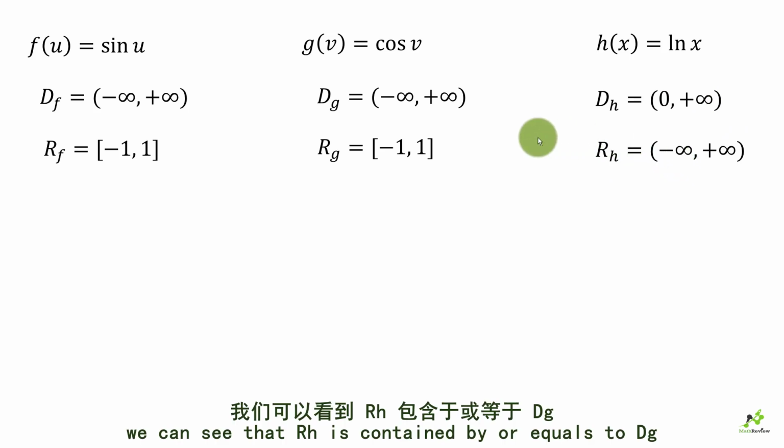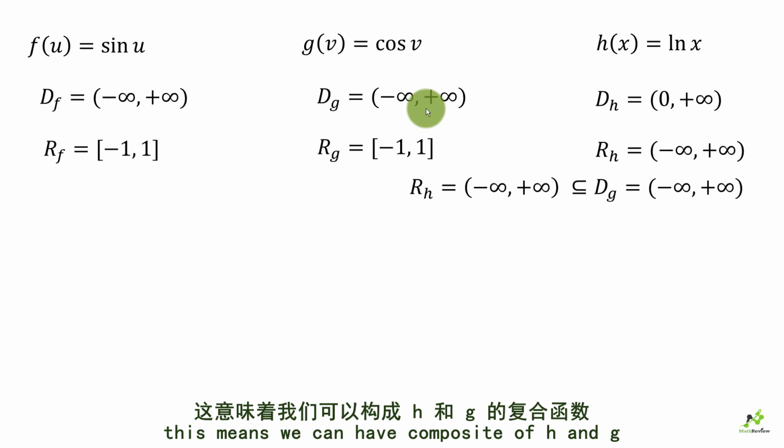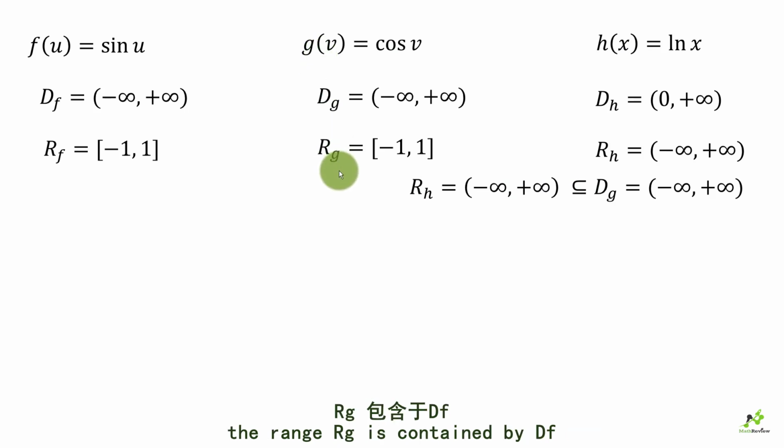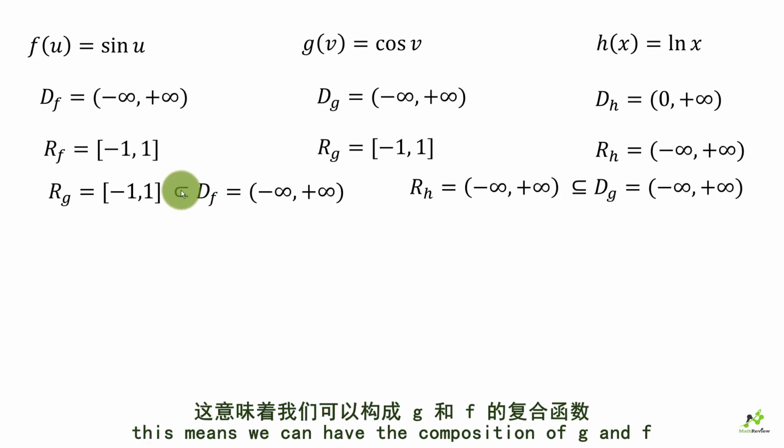We can see that Rh is contained by or equals dg. This means we can have the composite of h and g. The range Rg is contained by df. This means we can have the composition of g and f.